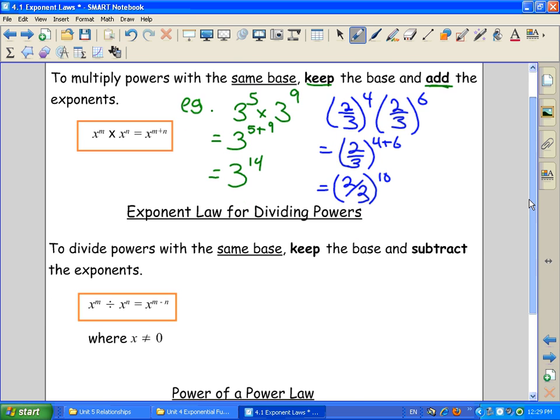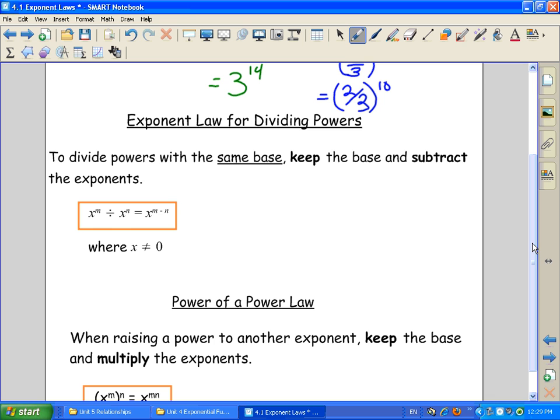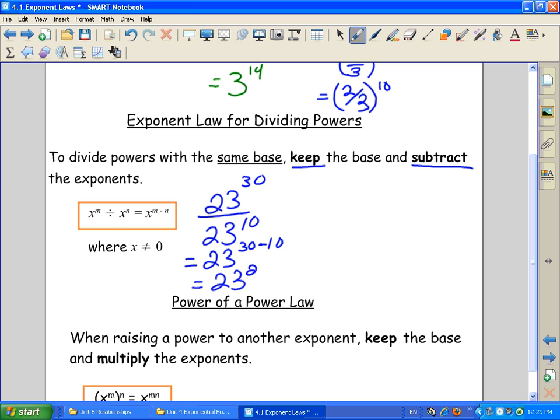Good. Let's take a look at the division law, ladies and gentlemen. For the division law, you keep the base the same and you subtract the exponents. So if I wrote down 23 to the exponent 30 divided by 23 to the exponent 10, that's going to equal 23 to the 30 subtract 10, which equals 23 to the power of 20.